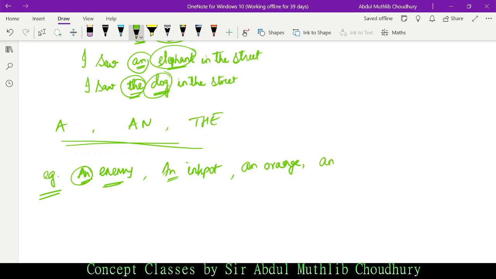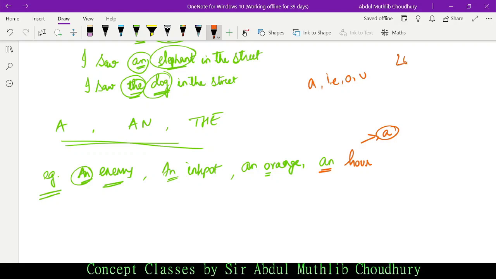This is very important. An orange. O is what? Vowel sound. Let me just change the color. An hour. We do not pronounce this as hour with an h sound. It's our. H is silent. So we say our. When I pronounce this, it means what? A vowel sound. That is why I have used an. Whereas if you go by the letter H, is this a vowel or a consonant? We know vowels, how many vowels are there? There are 5 vowels, A, E, I, O, U. And how many consonants? 21 consonants.